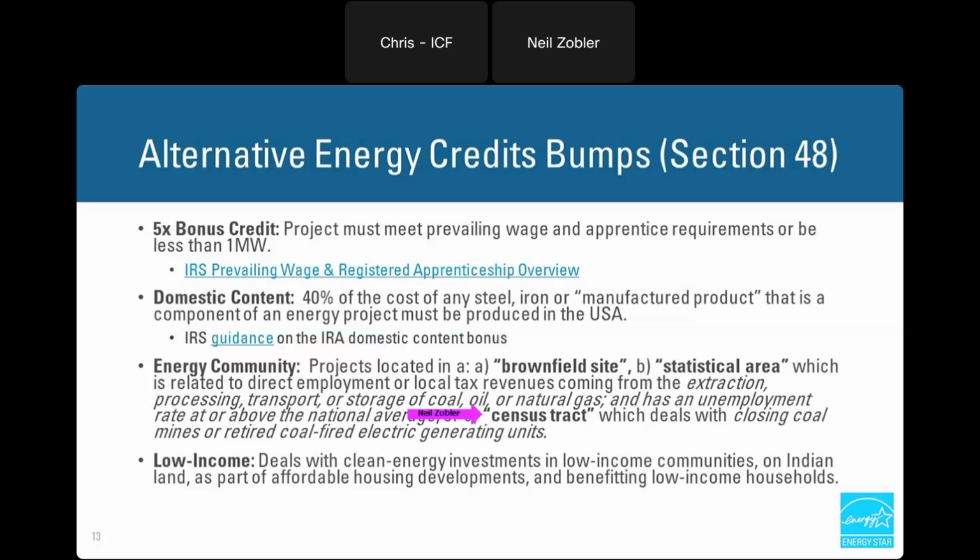Or the census tract, which deals with closing coal mines, retired coal-fired electric generating units, etc. And of course, low income. A lot of the programs that are developed underneath the IRA umbrella are focused on dealing with low income opportunities. We want to make sure that all communities have the ability to improve their energy consumption. At the end of the day, it helps everybody, not just the low income folks.